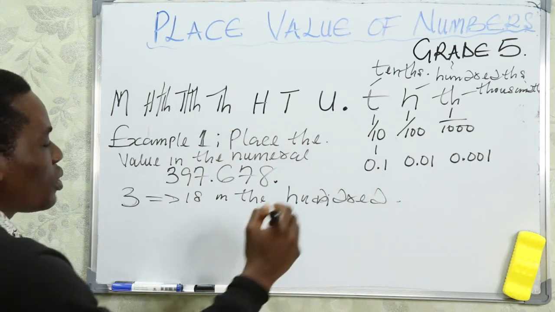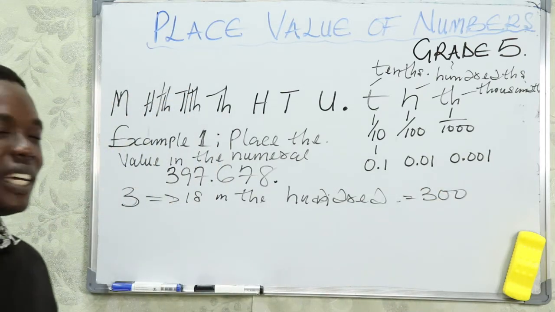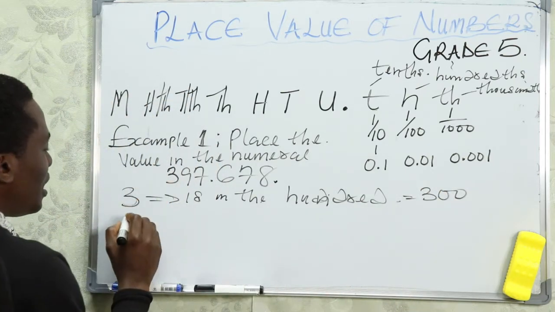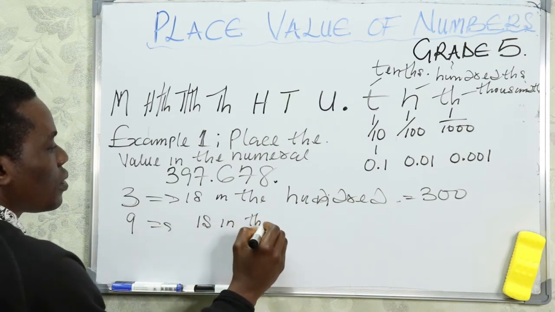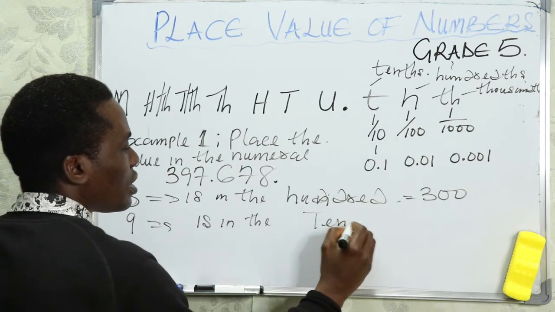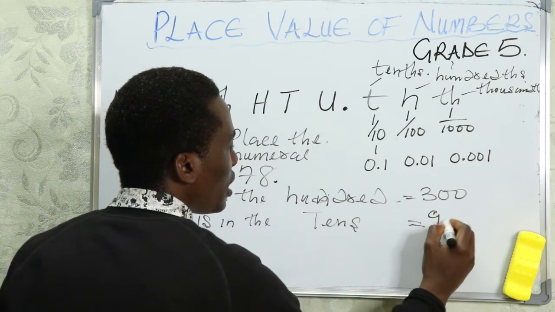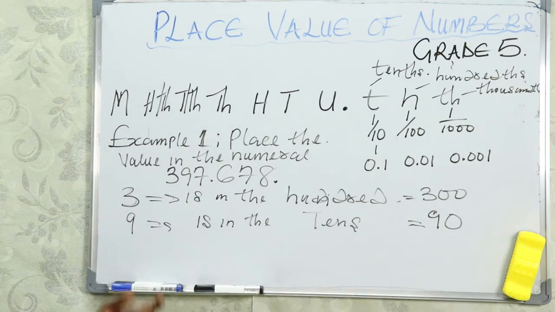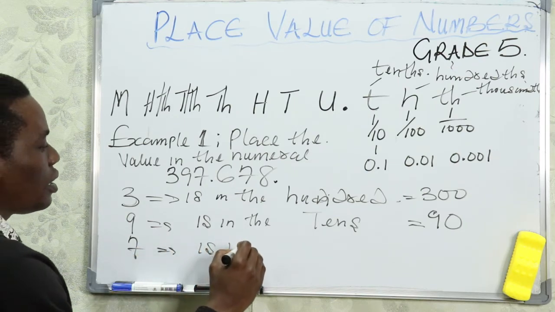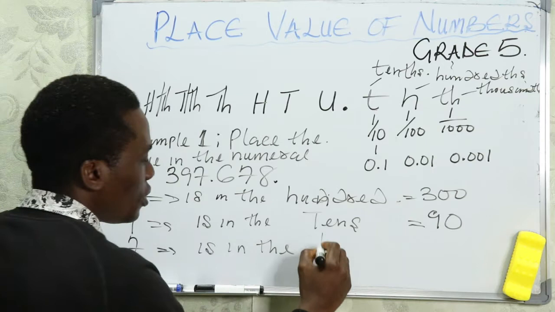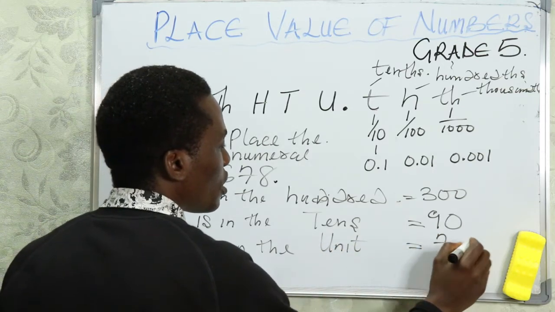You get it right because it's going to be 300. Right? Now 9 is in the tens, because when you extend it, it's going to give you 9 and 0. While 7 is in the units, because when you extend it, it's going to give you just 7.